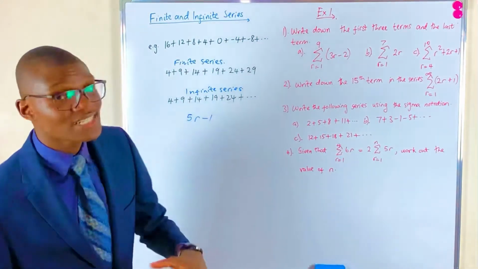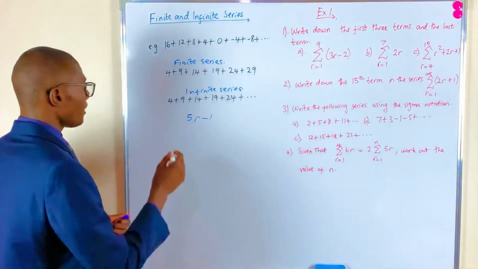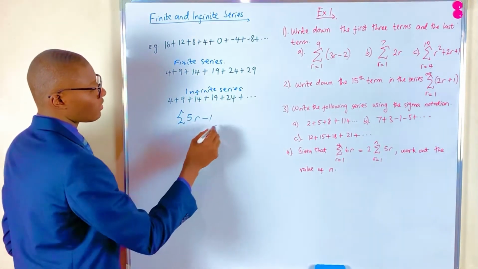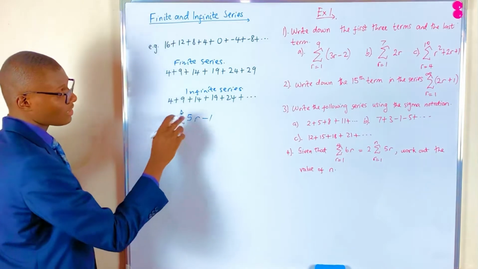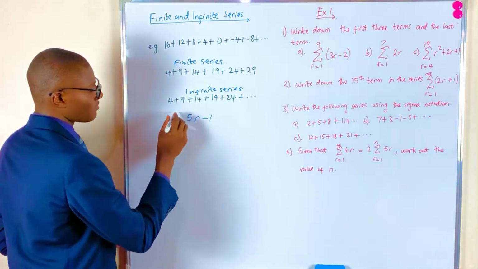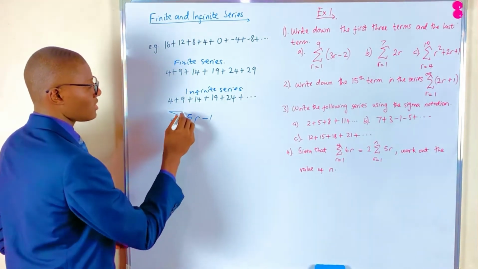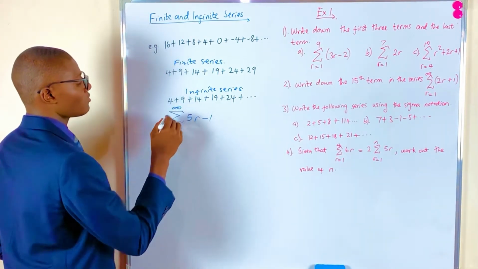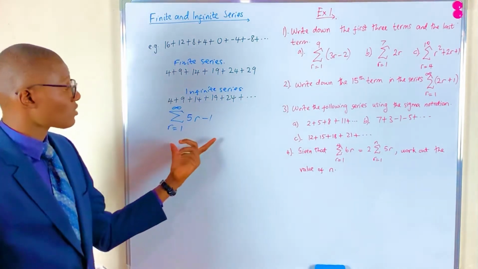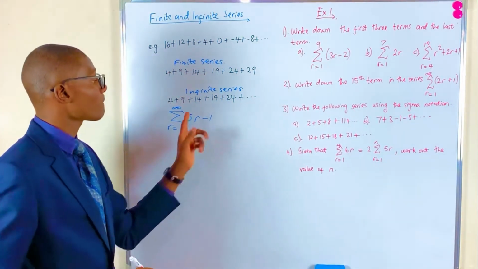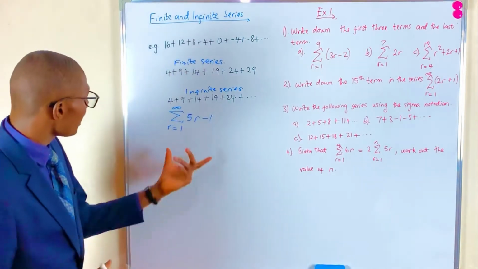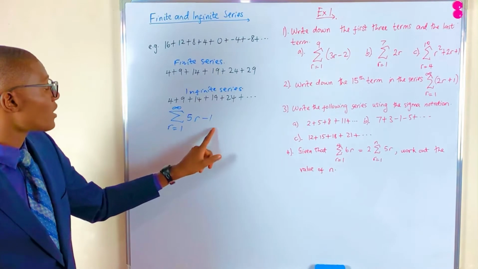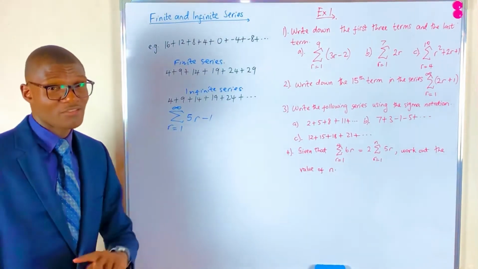Now to write in sigma form this infinite series, we say summation of, this is the sign for sigma, given by sigma, r is equal to 1 up to infinity. So this is how we write this infinite series in sigma notation. And we read it as the summation of the terms in the sequence of 5r minus 1 from r is equal to 1 up to infinity.